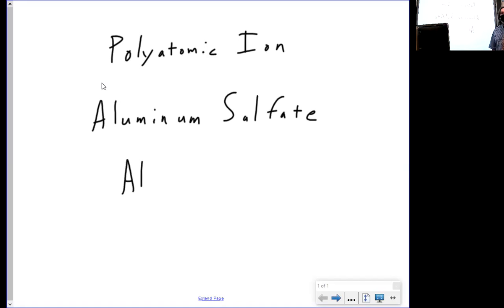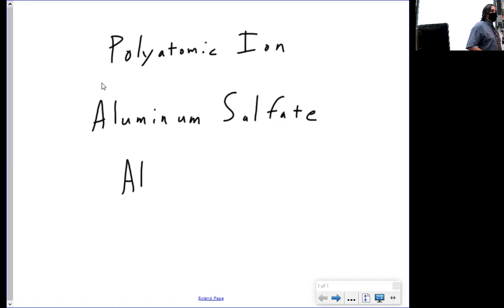Now, we'll talk about this more in just a second. But the next thing you need to do is figure out what type of bond it is. Aluminum is a metal. Anytime you start with a metal, you're going to be dealing with an ionic bond. How do I know aluminum is a metal? Because of common sense, right?